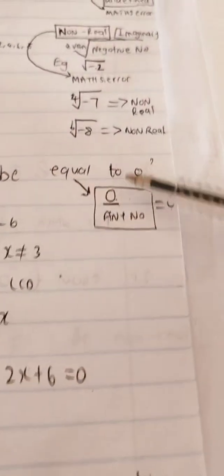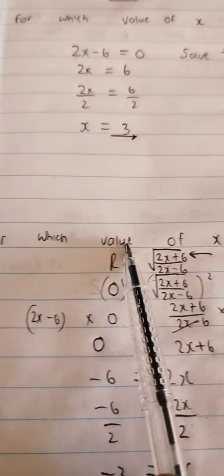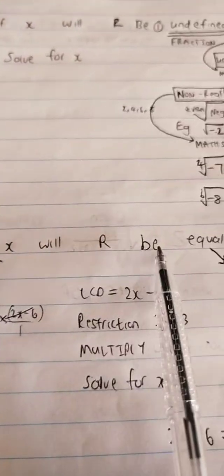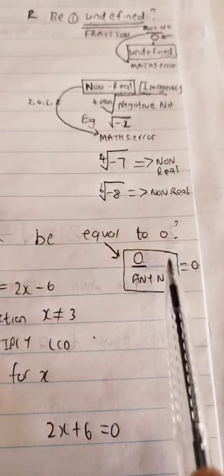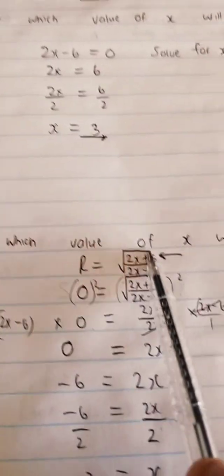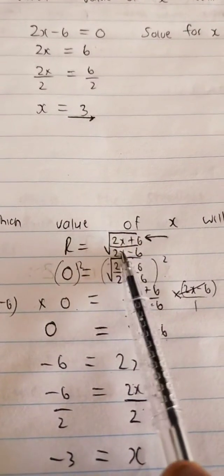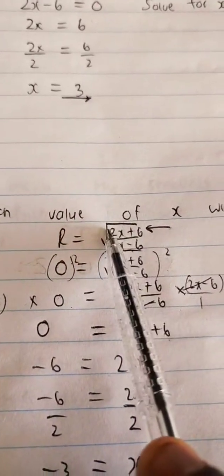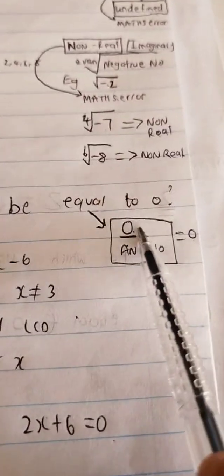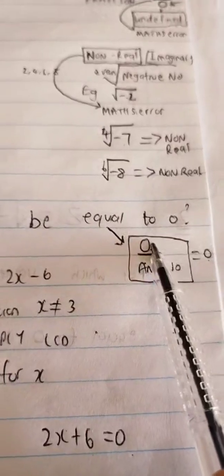But to simplify this particular question, when it says for which value of x will r be equal to 0, all we simply do, guys, is go to the numerator of the given fraction, take what is in the numerator, and equate it to 0. Why?